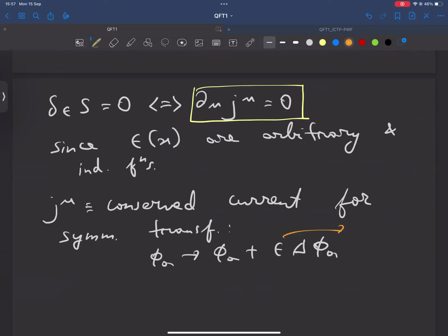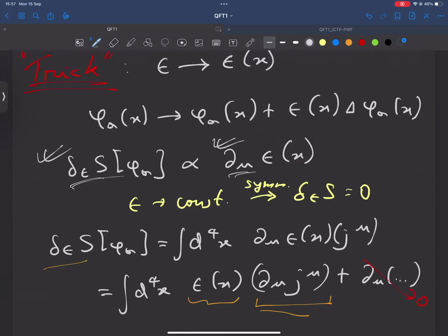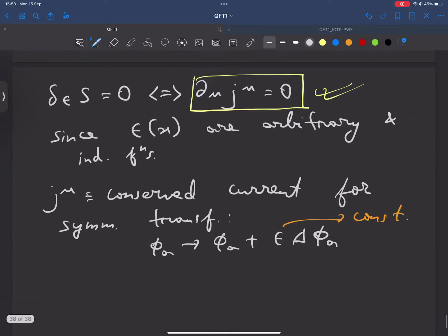Notice now we can take epsilon to be constant again, because we just used it as a trick, and that's what I wanted to highlight. Remember, this is just a trick. The trick was to do that and, using the fundamental theorem of calculus of variations, argue that this equation holds. That's it. It has no bearing on any other thing.